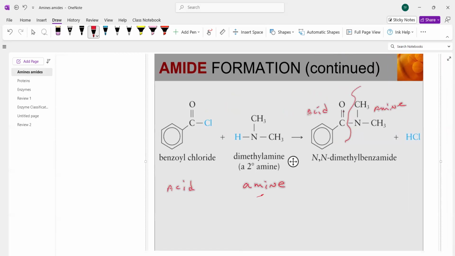So we name the amine first, right here, the acid, and then the amide.